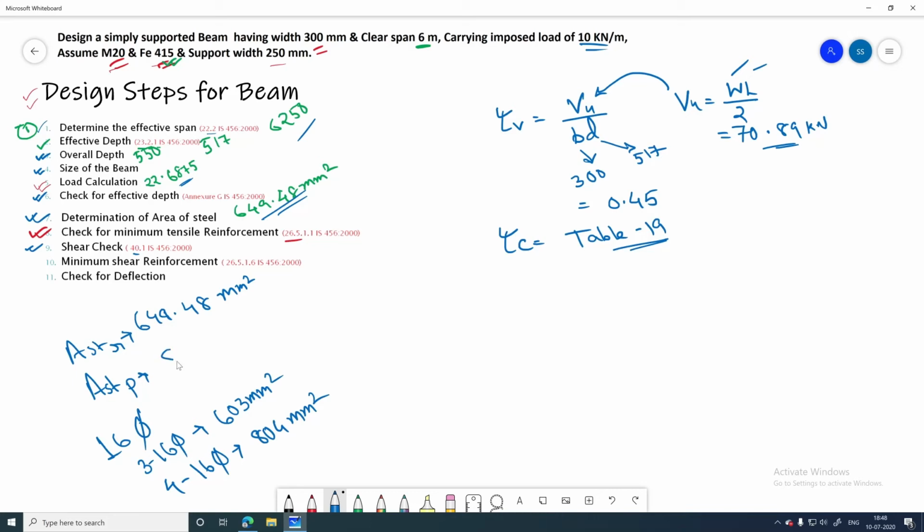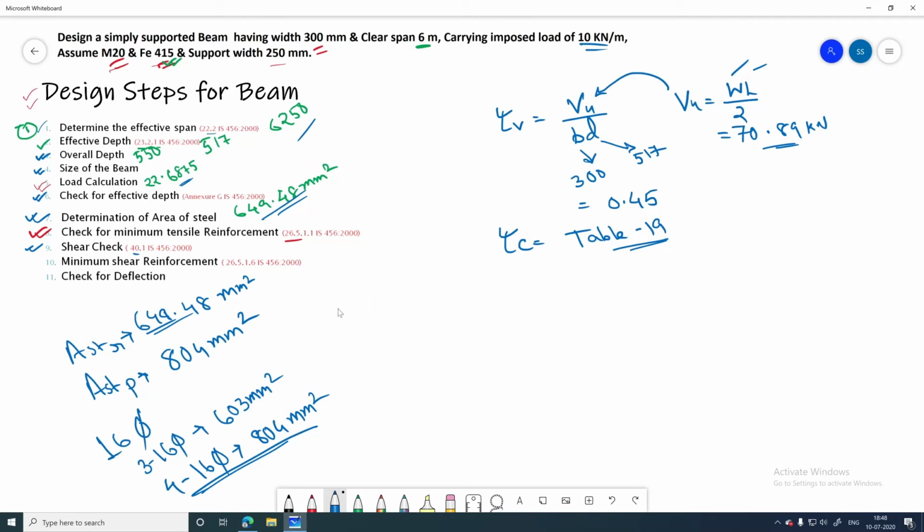So our Ast provided is 804 mm², and the Ast required is 649.48. This is very much important. So we are providing 4 numbers of 16 mm dia, that is 804 mm².